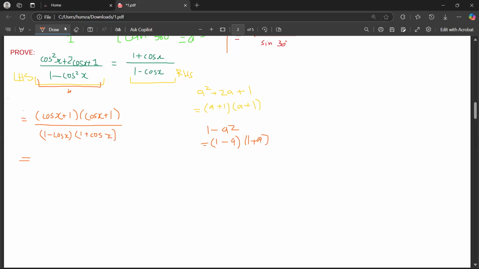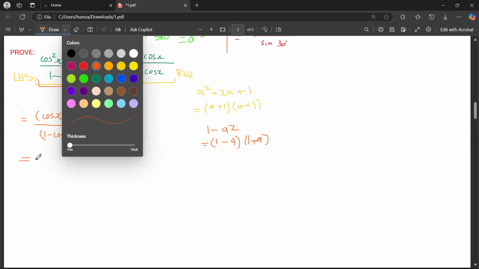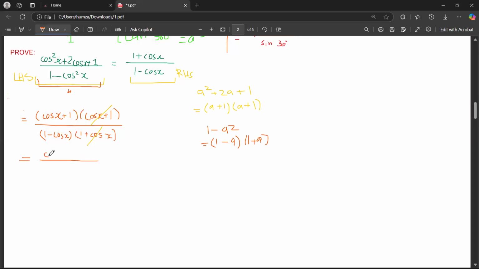Now, look at this carefully again. We can cancel out cos x plus 1, or 1 plus cos x, and then we are left with cos x plus 1 over 1 minus cos x. Now look at the right hand side, this side. It is 1 plus cos x over 1 minus cos x.